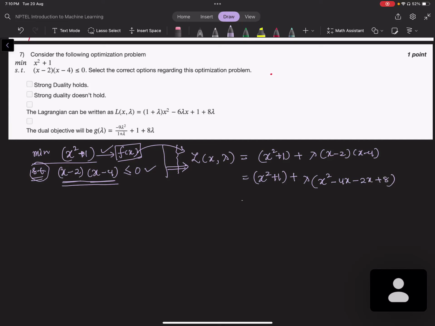That is x square minus 6x plus 8, times lambda. Plus lambda x square minus 6x lambda plus 8 lambda, right? And you combine this and this.